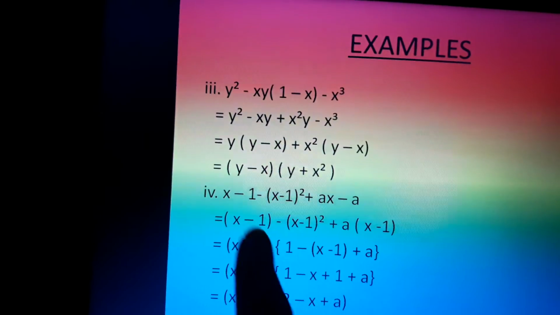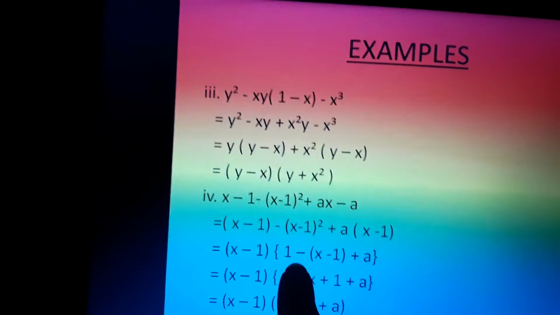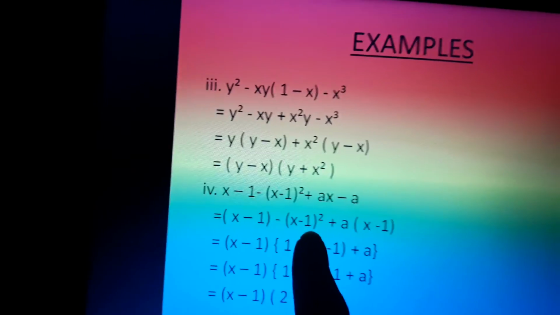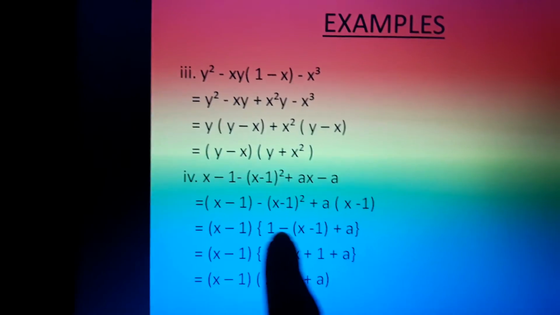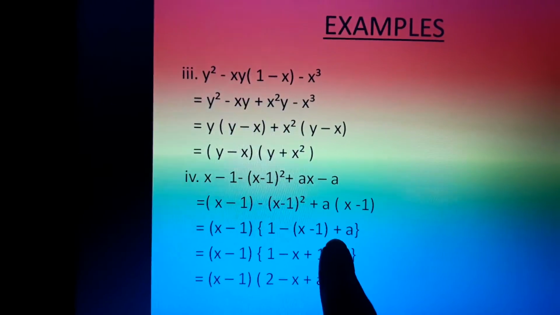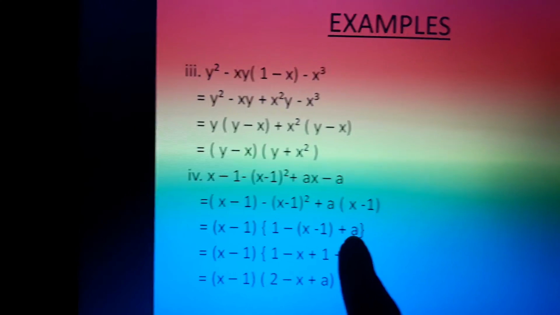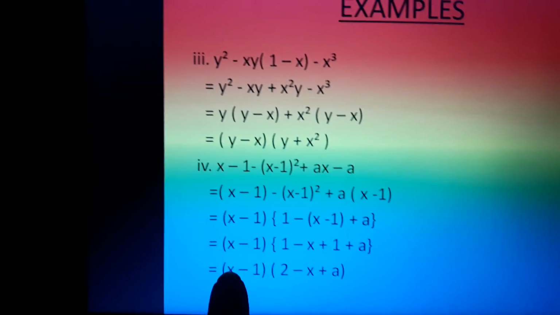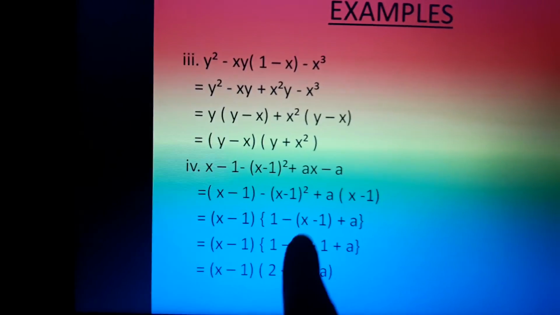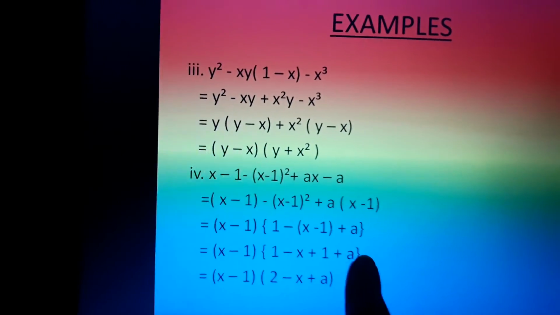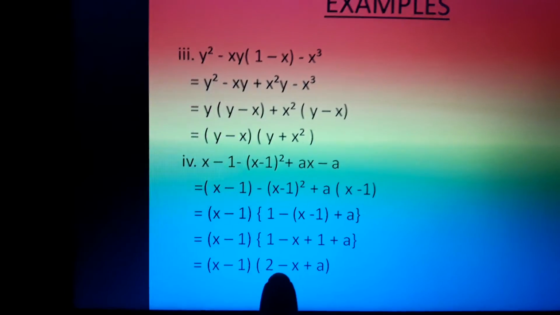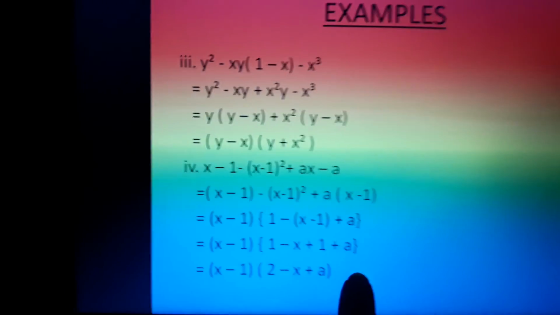In the bracket you divide x minus 1 by x minus 1, we get 1, minus (x minus 1) whole square divided by x minus 1 will give you x minus 1, plus a into (x minus 1) divided by x minus 1 will give us a. Then close the curly bracket. Now (x minus 1) into (1 minus x plus 1 plus a). So (x minus 1) into (2 minus x plus a).